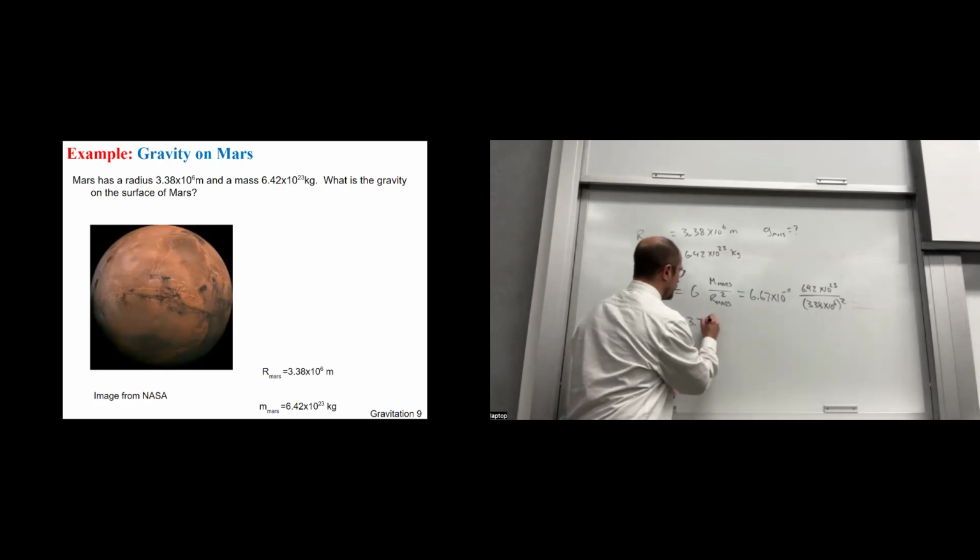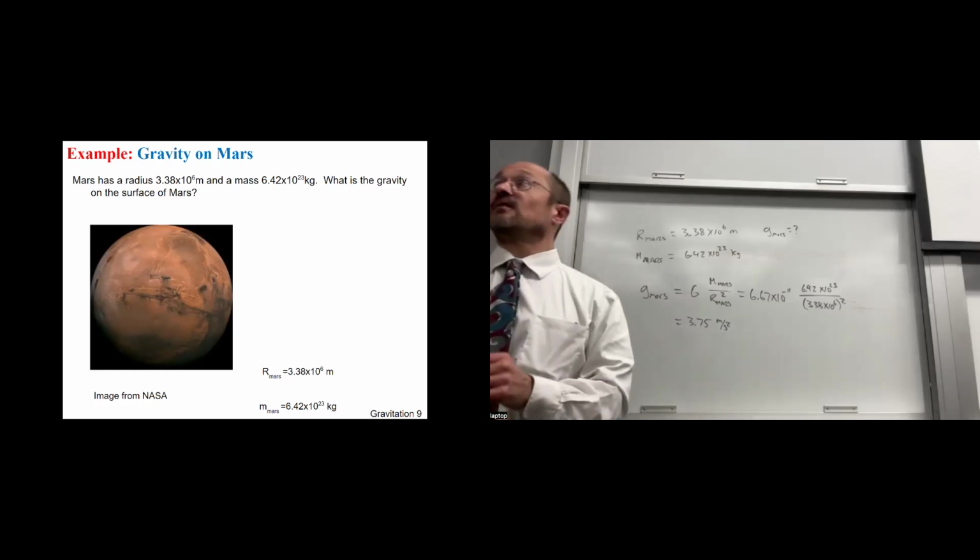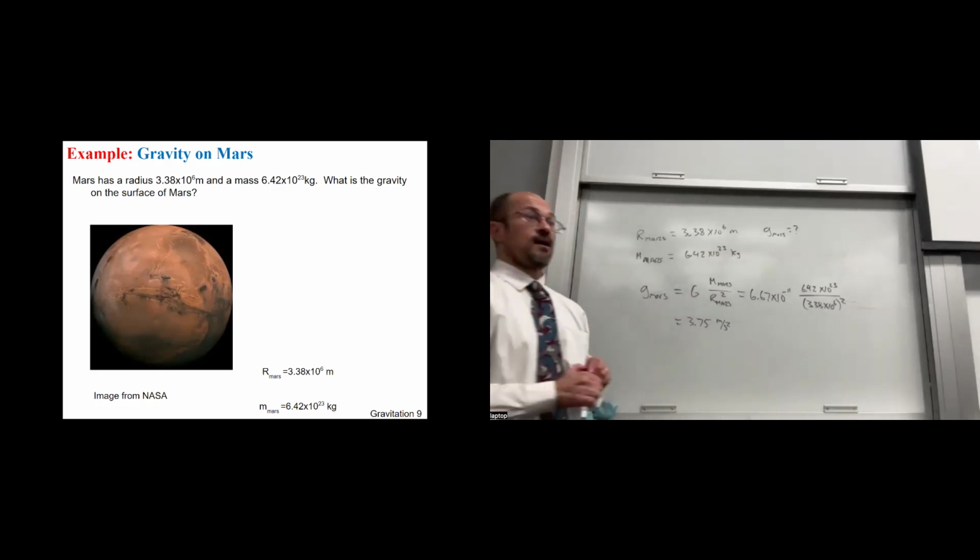So that's 3.75 meters per second squared. So gravity on Mars is a little bit lower than it is on the Earth, huh?